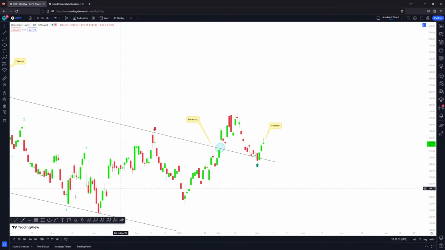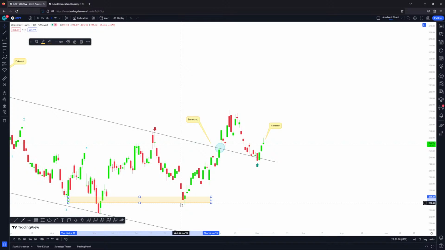If I go back, you can see this is another support zone, right? Here is the support zone. I don't want to draw those arrows again and mess the chart up, but you need to combine at least two or three points of view in order to confirm one thing.